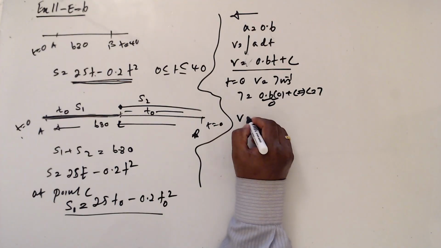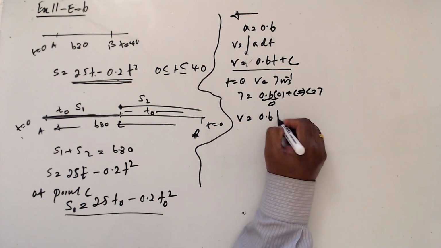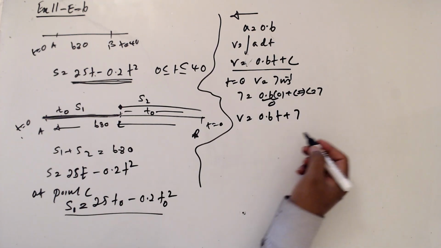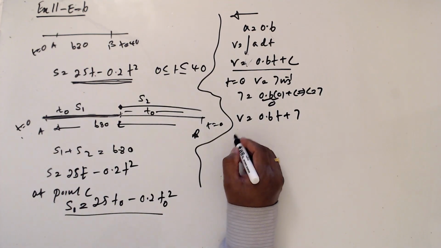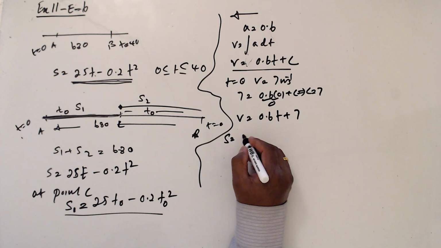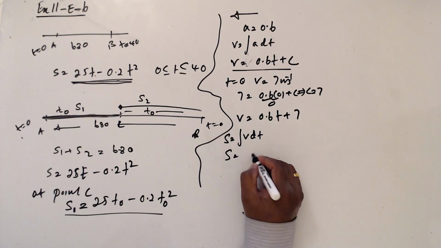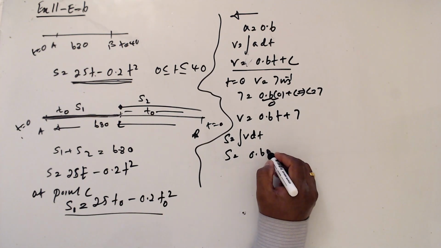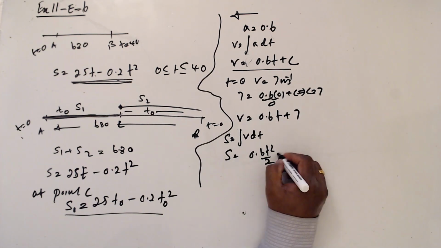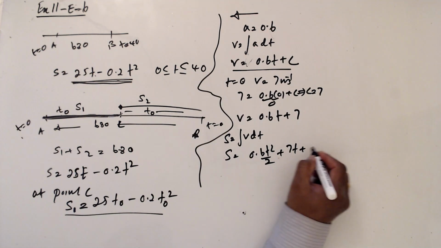Now we have the equation v equals 0.6t plus 7. Now we have to find displacement, so we have to integrate again. So s equals 0.6 t square divided by 2 plus 7t plus d.